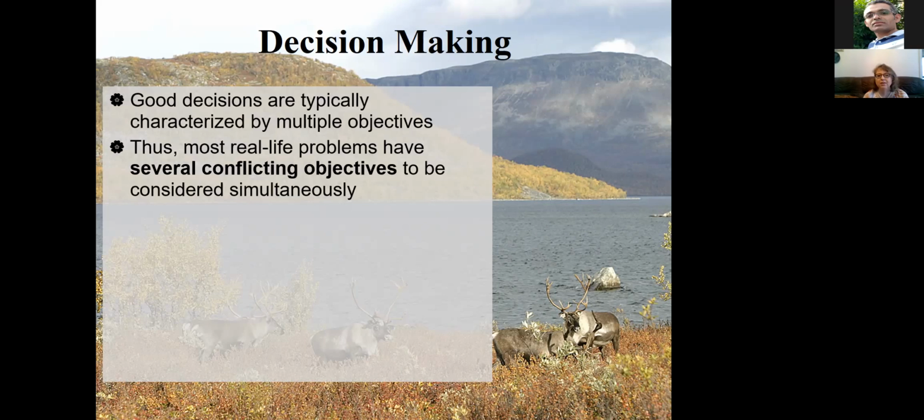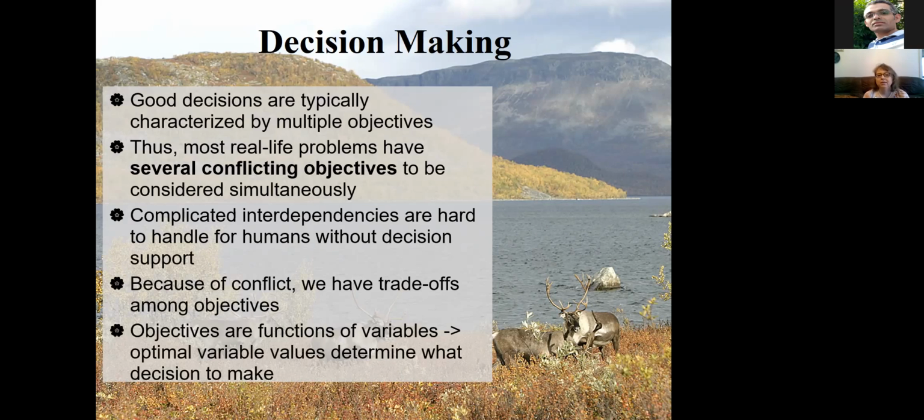There might be complicated interdependencies among these objectives, and humans need support in balancing between these perspectives in order to find the solutions most suited for their particular needs. When we formulate optimization problems, we have objective functions that we optimize, typically minimize or maximize.